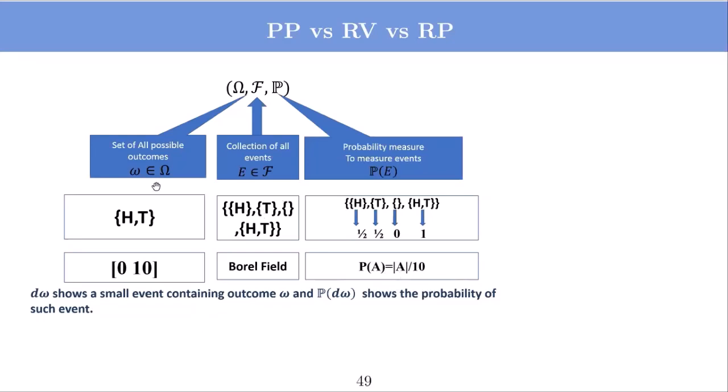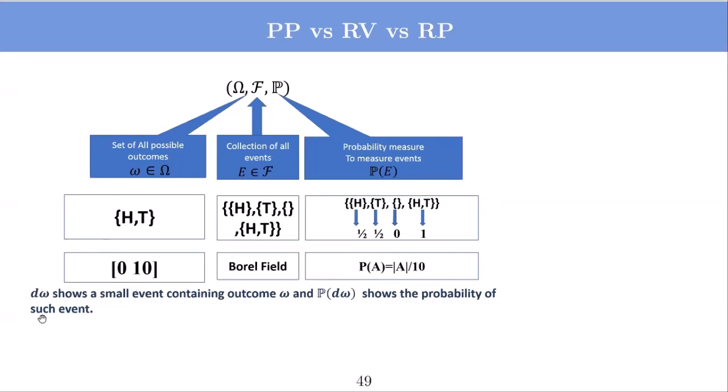So if I take omega as an outcome, d omega, which is a small interval around that omega, will be an event. It will be a small event containing the outcome omega and some outcomes around it. In a continuous space, we would see that there are some outcomes around omega in continuity, and then this d omega will be a small event containing the outcome and some outcomes around it.